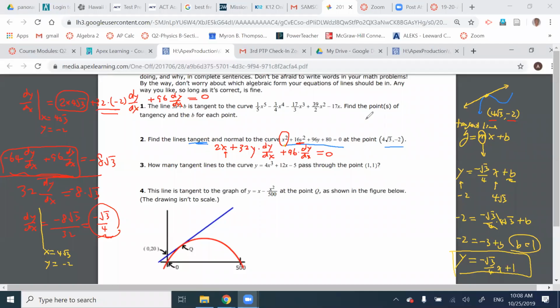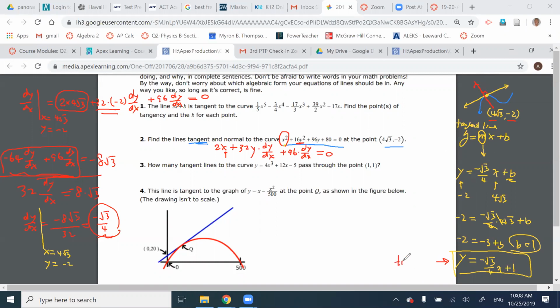Okay, now we finished the tangent line, right? This is the tangent line. And then we're looking for a normal line, still passing through the same point. This is the normal line, perpendicular to this.